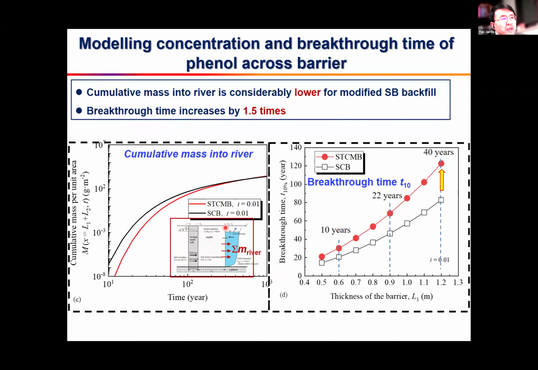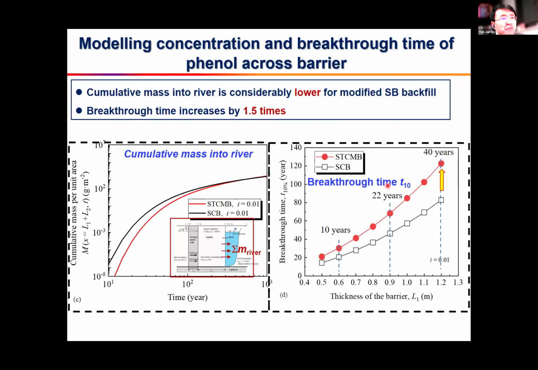So that is one thing we are concerned about, that the river is the receptor. We need to calculate the mass of the phenol that enters into the river. We run the program, and we find for the modified backfill, the cumulative mass of the phenol is much lower than the unamended backfill.